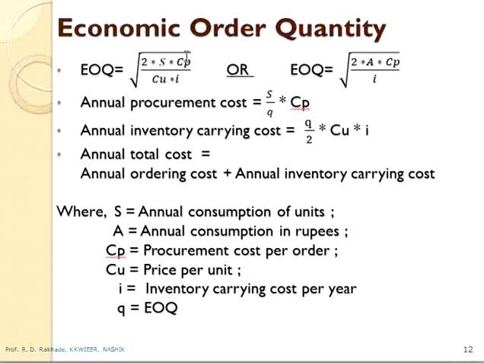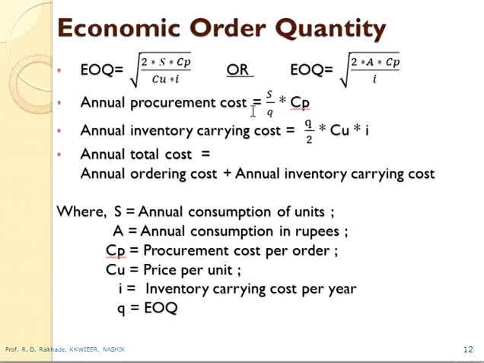So the formula is given. CP is the procurement cost per order, CU is the unit price per unit, I is the inventory carrying cost per year, then A stands for annual consumption in rupees. This formula represents in terms of order, or we can say in terms of unit, and the second formula in terms of rupees.